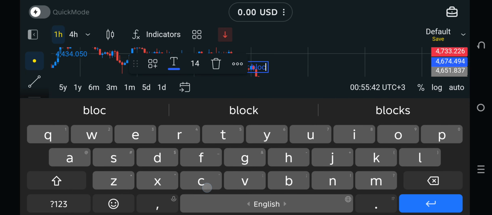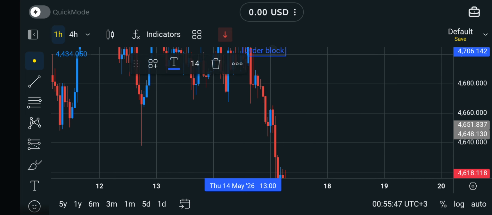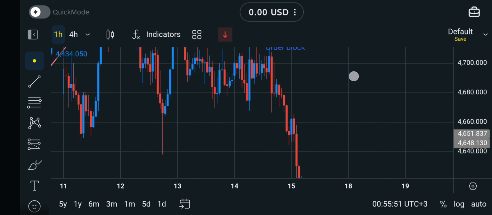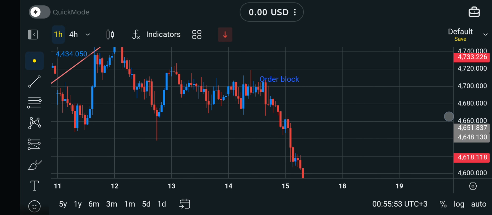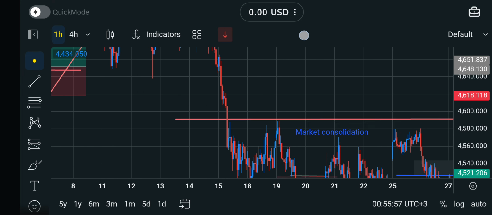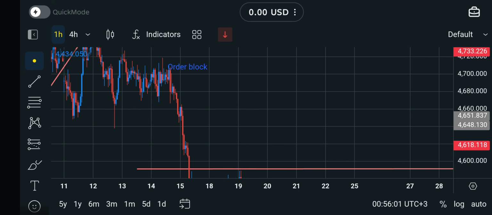That's one of the institutional reference points I should be understanding about. It's one of the candlesticks that has printed before a huge move.